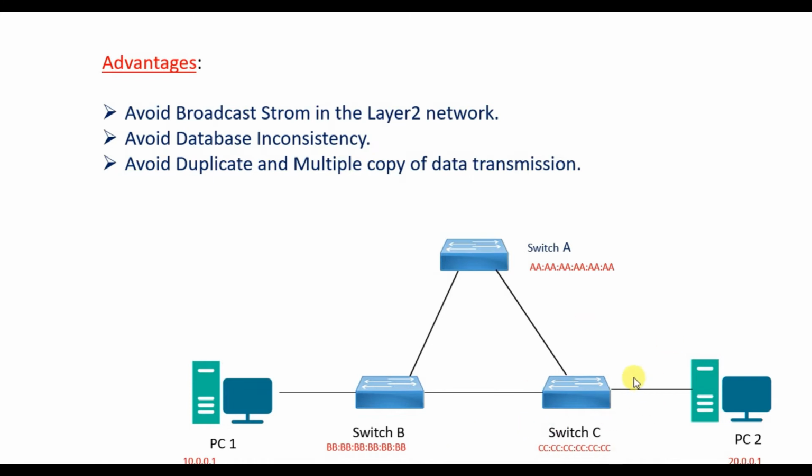Once switch C receives the broadcast from switch A, again it will send the ARP broadcast asking who is 20.0.0.1. For that broadcast, PC2 will respond with its MAC. Then again, switch C will respond to switch B's broadcast with its MAC address. So now switch B has learned the MAC address to reach PC2 via switch C, right?